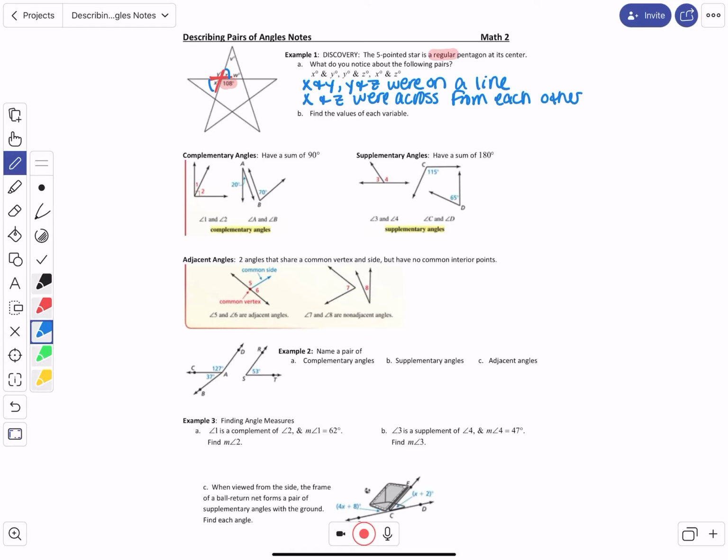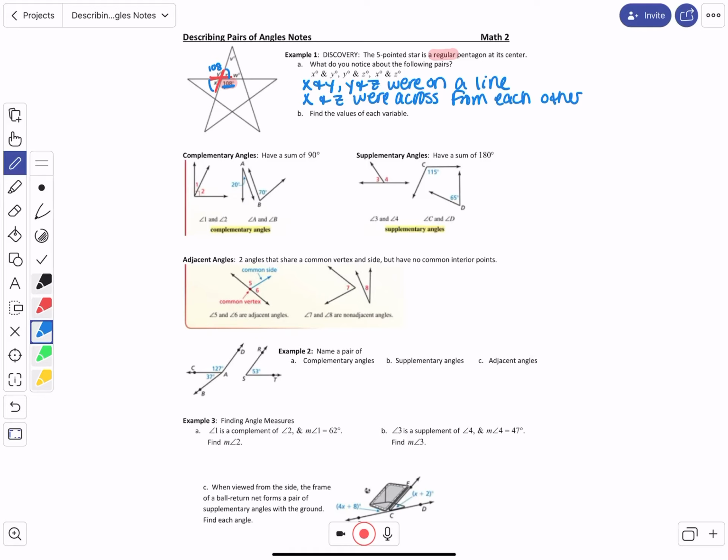what we know here is that all of the interior angles are 108, because it's regular. I'm getting a little bit ahead here, but if this angle here is 108, the angle across from it is going to be 108, okay? So we know angle Y is going to be 108. This is something that we're going to learn here.